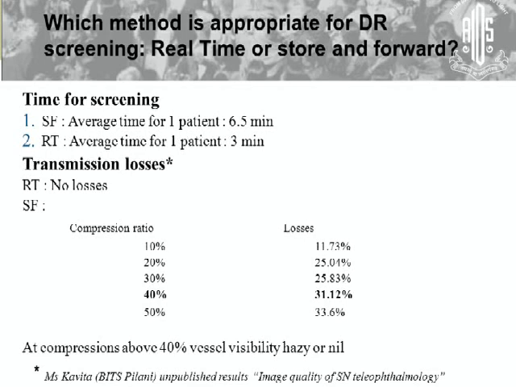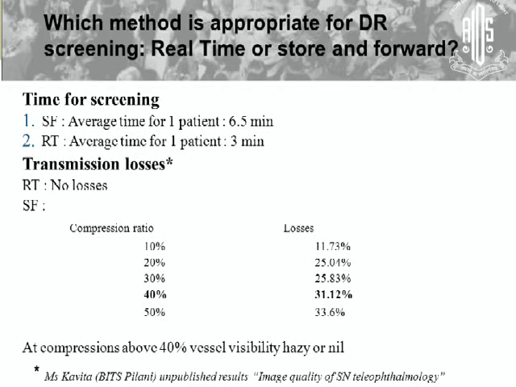That was the time we wanted to look at which is the best method when we are doing mass screening. When we have 300 or 400 patients coming, we found that real time works better in a camp setting. We also looked into the transmission losses, and how much the image quality reduces.